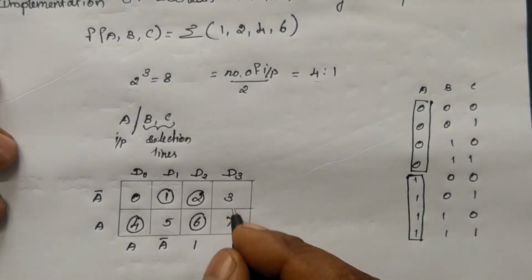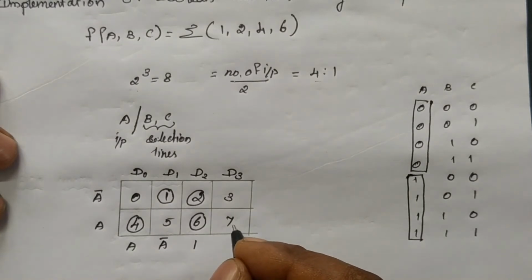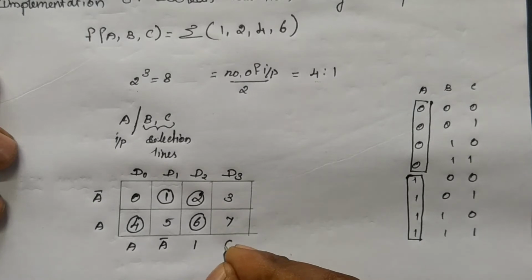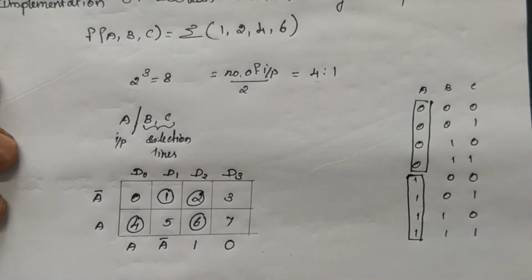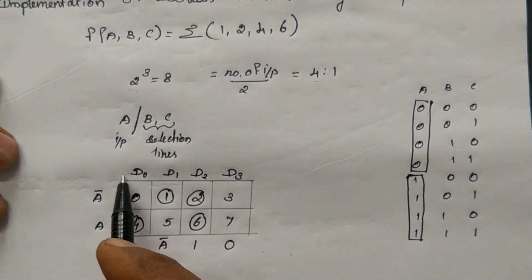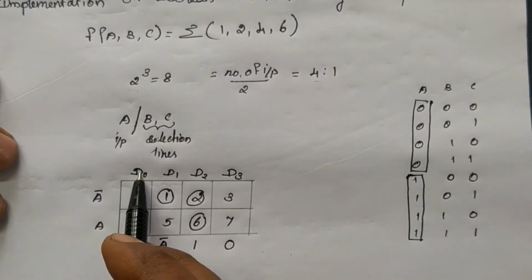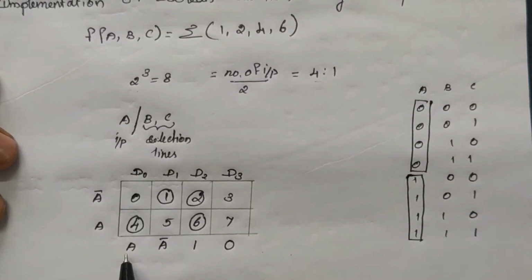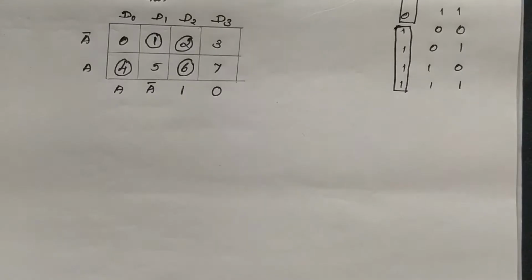At the last one, both values are not circled, and if both values are not circled, the value is equal to 0. So in the 4:1 mux, D0 should be given the input a, D1 is given a bar, D2 is given input 1 and D3 is given input 0. Now we'll go for the implementation.